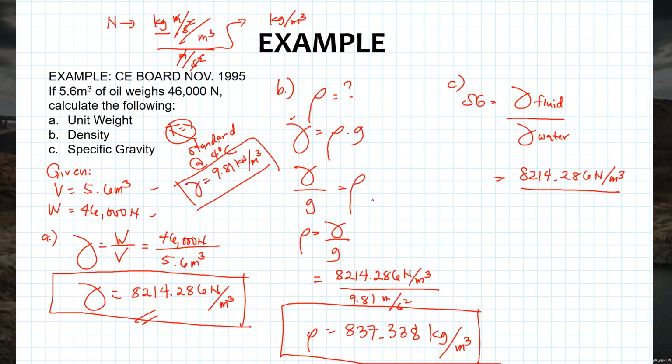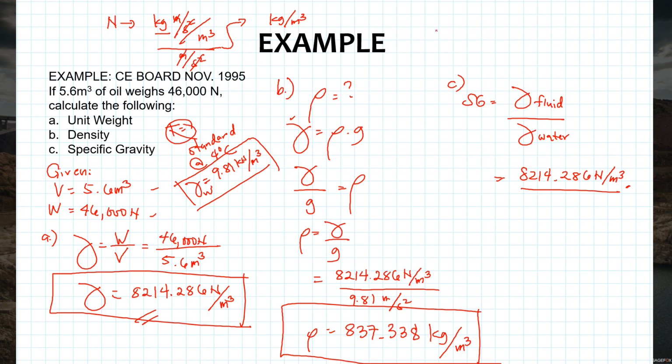So as you can see, when the unit weight of fluid is divided by the unit weight of water to obtain the specific gravity, our units are not the same. This one is in newtons per cubic meter, while the unit weight of water is in kilonewtons per cubic meter. So you have to convert it into newtons per cubic meter.